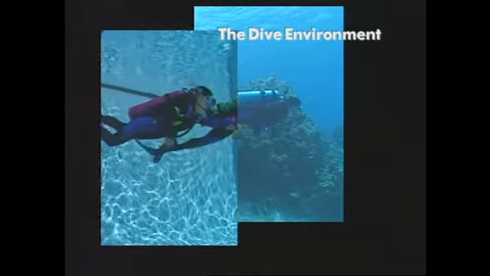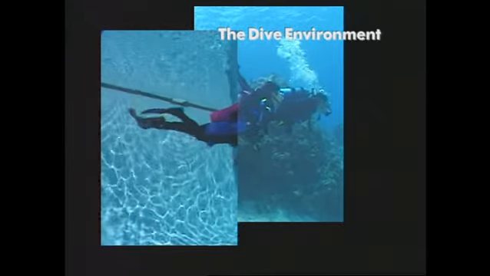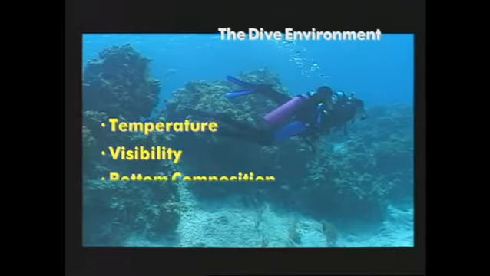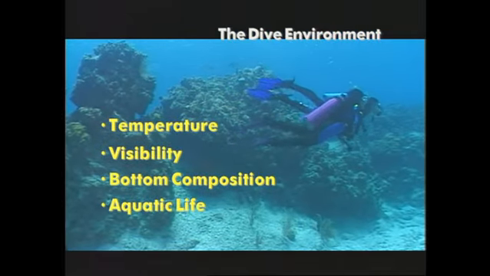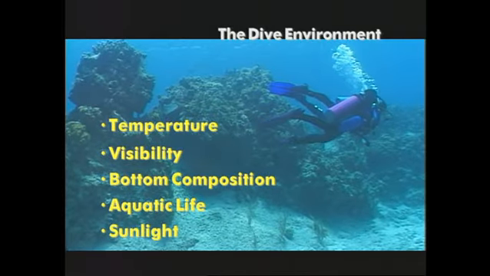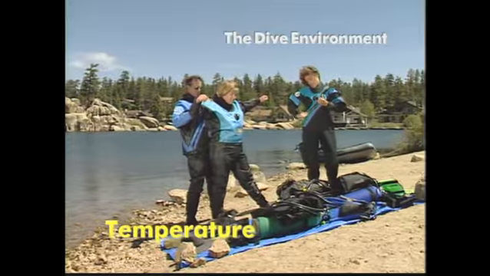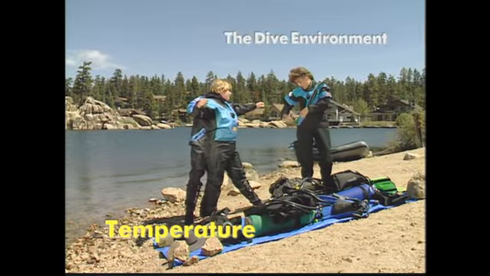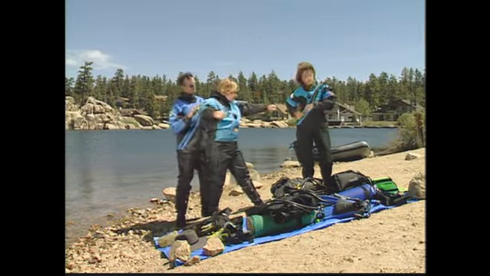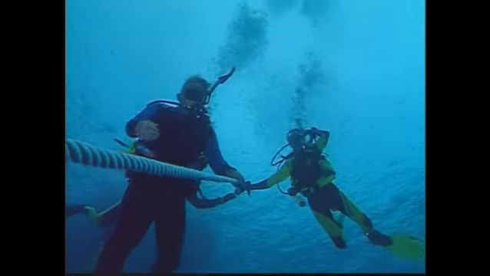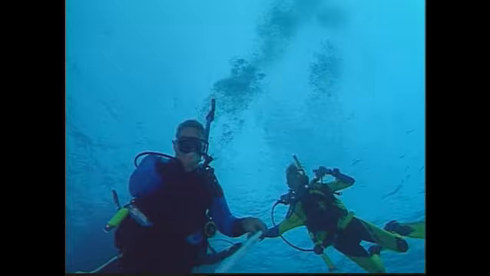You've probably noticed that the underwater world has variables that affect it. Temperature, visibility, bottom composition, aquatic life, and sunlight. You already know that you need to consider water temperature. How much insulation you need varies with how cold it is. But what's not so obvious is that temperature changes with depth, generally getting colder as you go deeper.